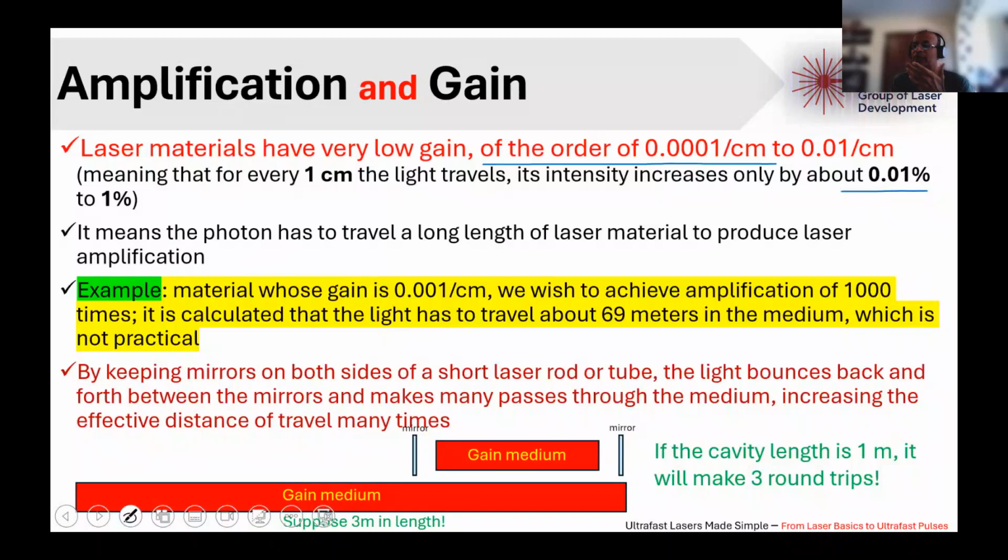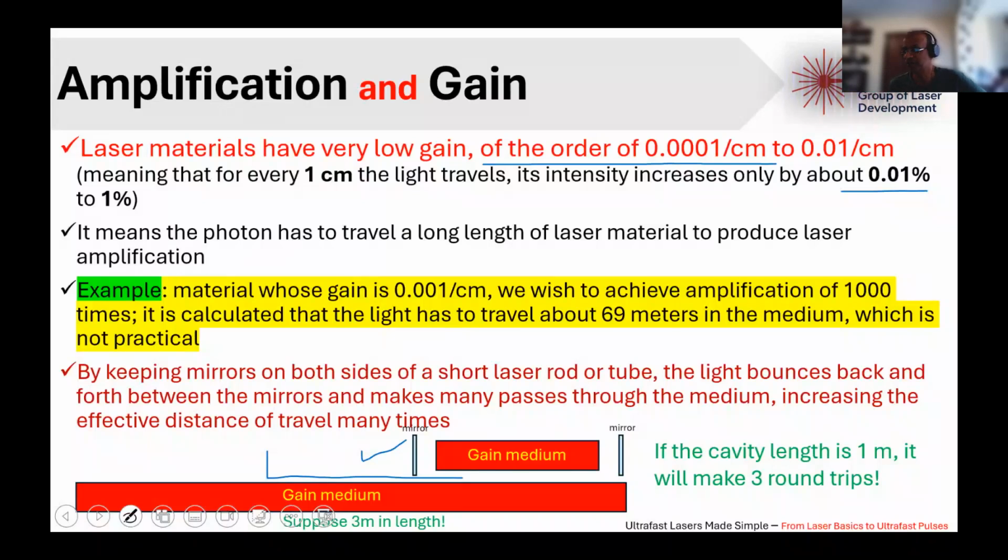We have to amplify by using the cavity mirrors, a resonator. Two possibilities here, you can see down as well. This is a gain medium enclosed in the cavity, and this is the gain medium without the cavity.